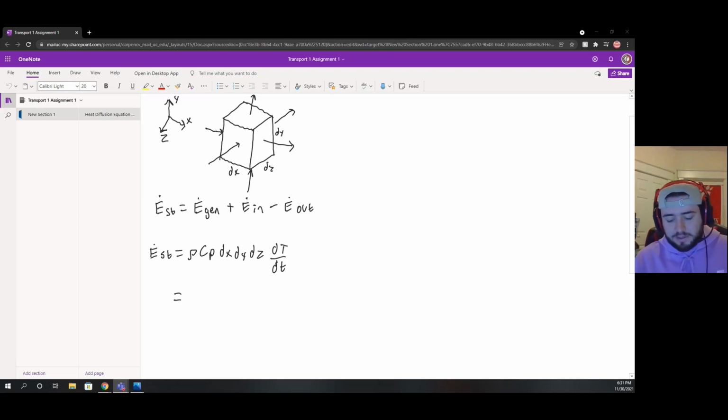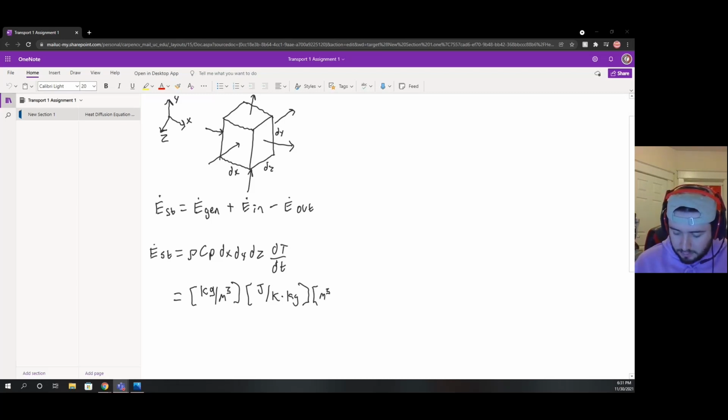When you break the energy storage equation into units, you get kilograms per meters cubed for the density. For the heat capacity, you get joules per Kelvin times kilograms. For your dimensions, you get meters cubed.